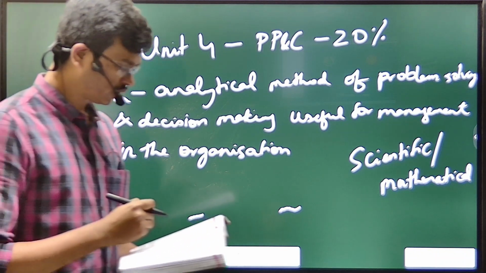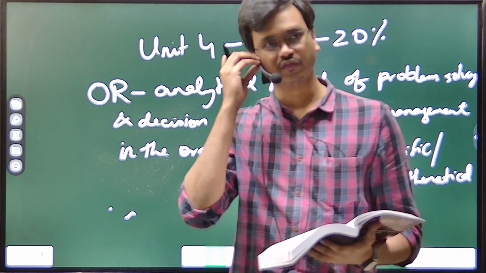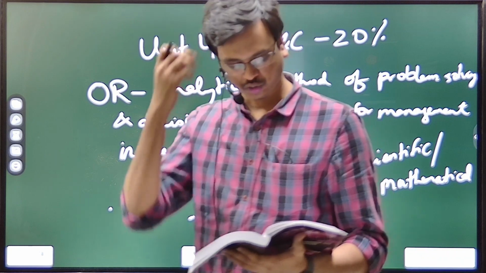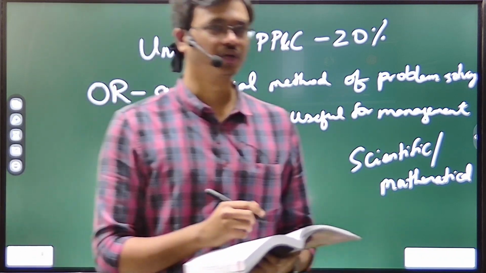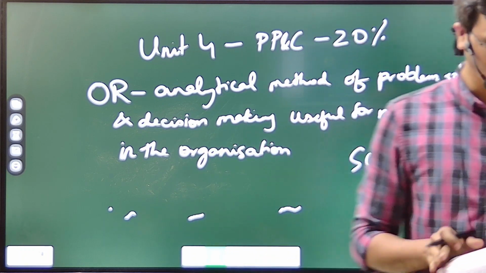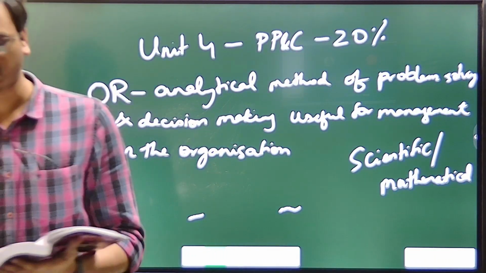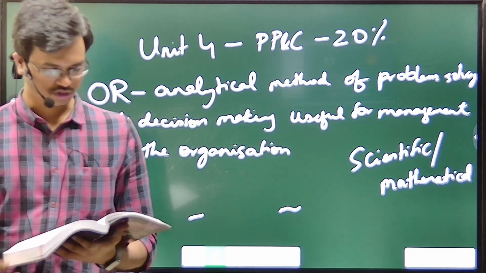Basically, any operation research problem, how will we approach it? The steps are given, and we will follow these 5-6 steps which he has provided, and look at how to solve them in the problem also.